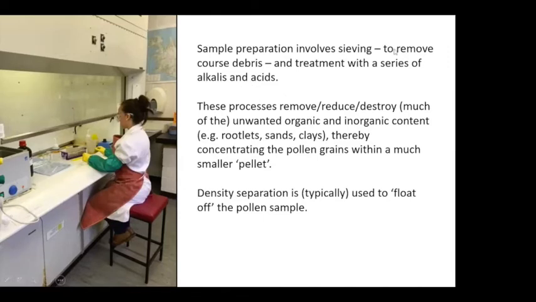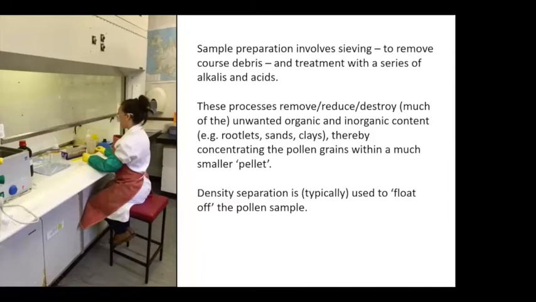And then we'd sieve the sample to remove any coarse debris, things like rootlets and so forth. Then we'd also treat the sample using a procedure called acidolysis, which is treatment with strong acid that destroys, or at least reduces, the amount of unwanted organic material in the sample.